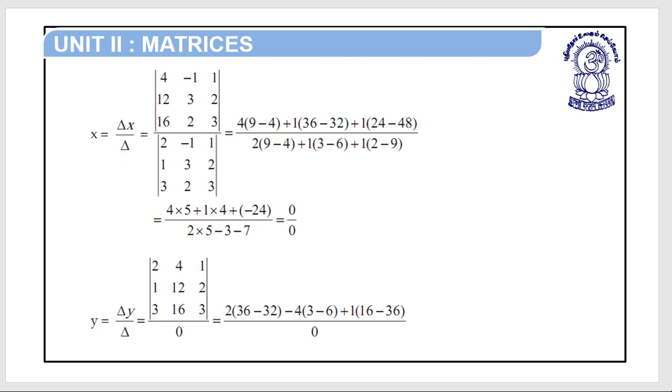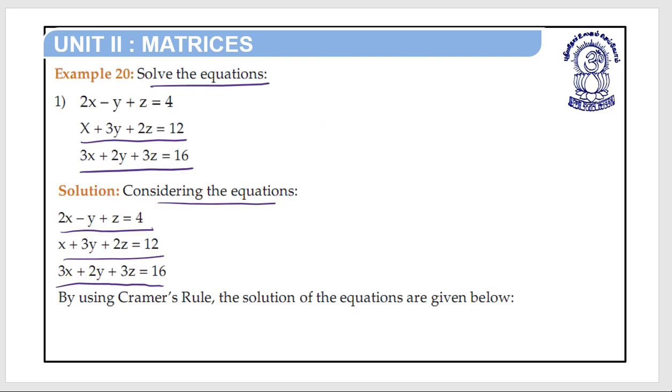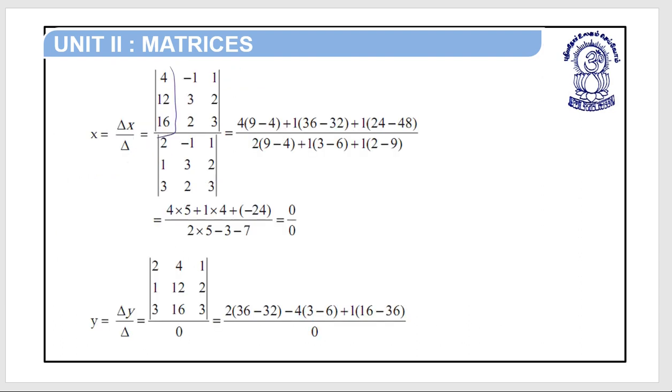So here, instead of first column, write down d1, d2, d3, so means 4, 12 and 16. 4, 12, 16. Minus 1, 1. 3, 2. 2, 3. Divide by delta, which is 2 minus 1, 1. 1, 3, 2. 3, 2, 3.